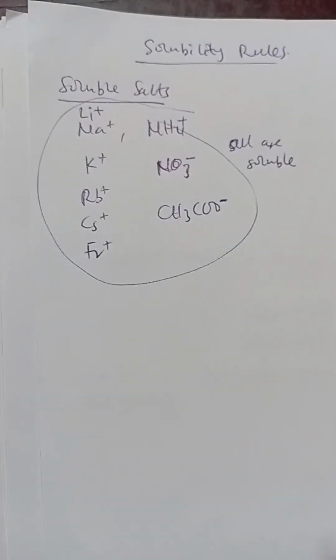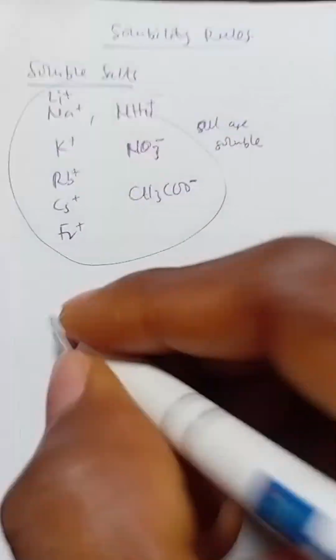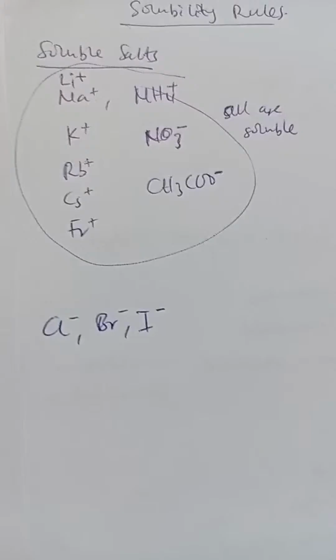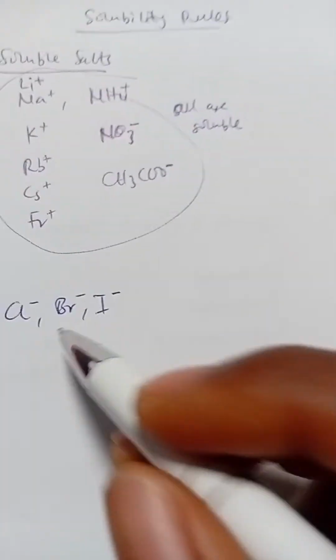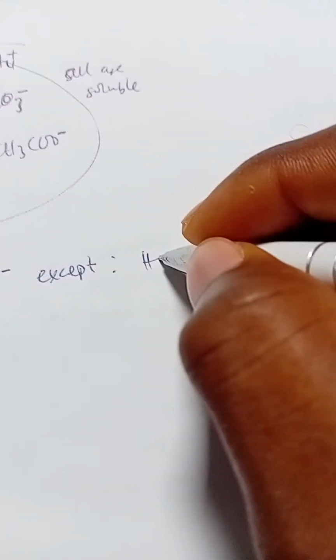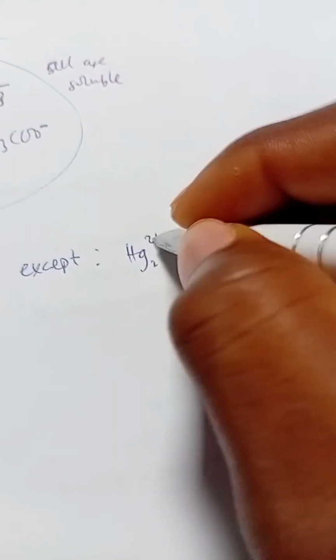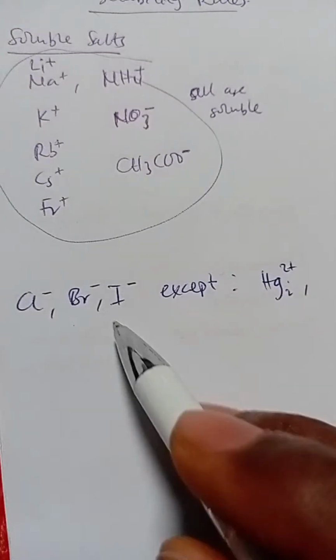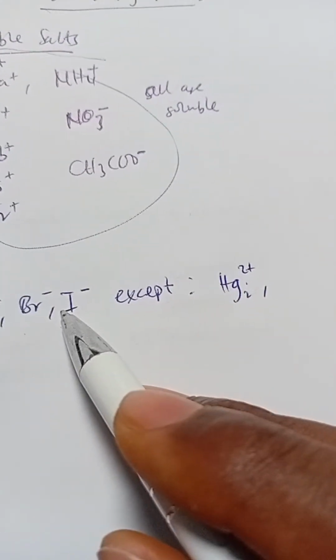Then there are going to be some exceptions for Cl-, Br-, and I-. These salts are soluble, but then we have some exceptions. Except mercury: when we see mercury together with any of these halides, it's going to be insoluble.